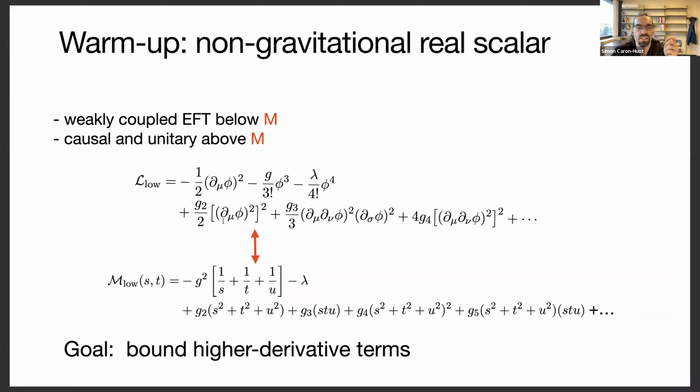For example, you have a Lagrangian like this. I can map these parameters to a scalar amplitude like this. The first contact interaction is dimension 8, and so on. And the goal would be to bound these higher derivative corrections on the second line.